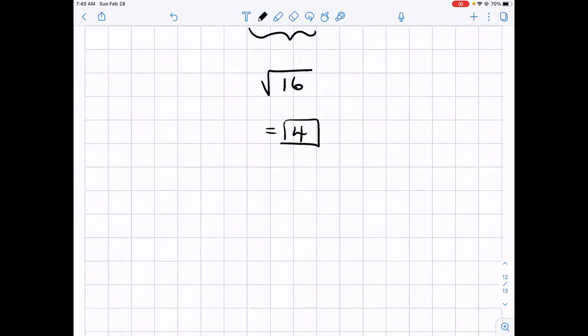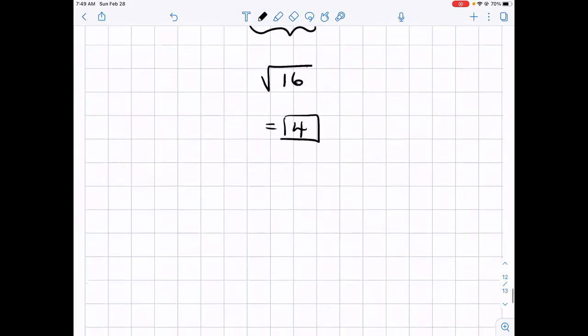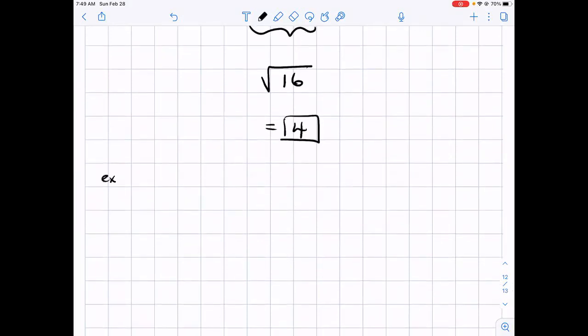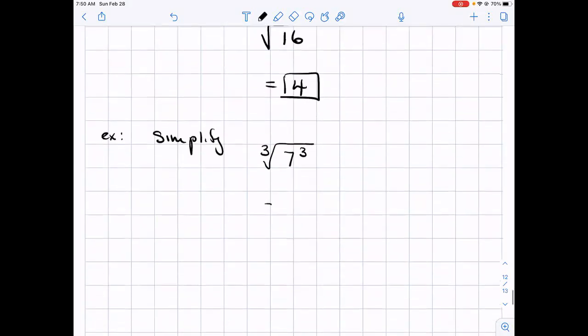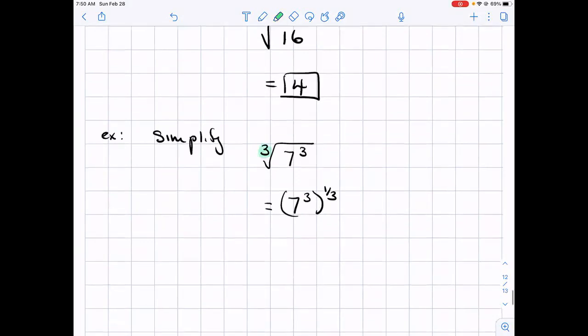What happens if we have, for example, simplify the cube root of 7 cubed? So remember, this means 7 cubed raised to the 1/3 power, because cube root, 1/3 power.